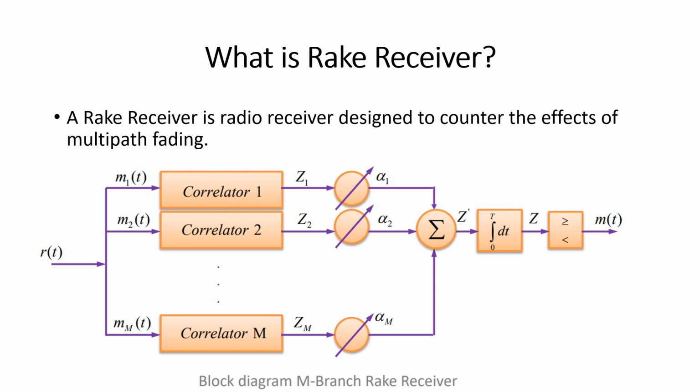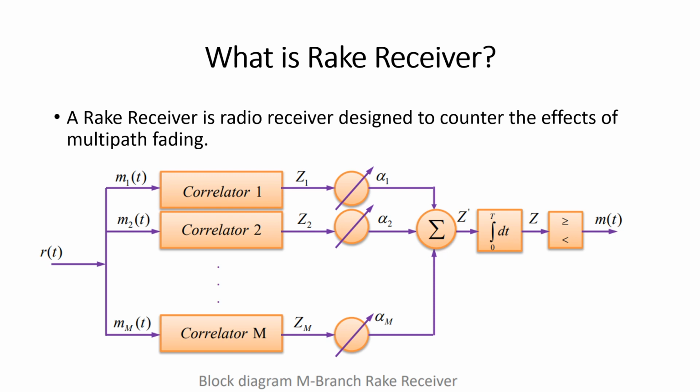These weighting coefficients are defined on the basis of how much signal to noise ratio, that is SNR level, we are receiving in that particular multipath component. If the received SNR of any given multipath component is high, we assign a higher value to that component.